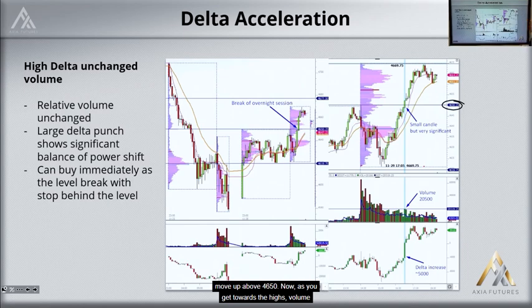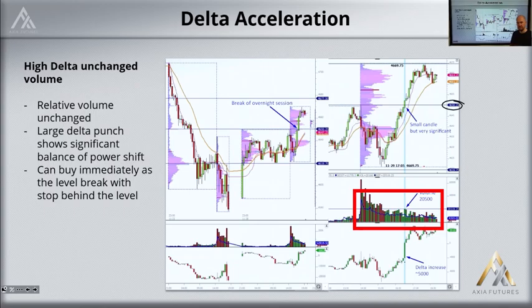Now, as you get towards the highs, volume doesn't really change in here. So you look at this pale blue highlight, you're up at the level, up at around about 46.50. Volume doesn't massively change, stays around about the levels that we've previously been at. But what happens on this candle is that delta increases by about 5,000.